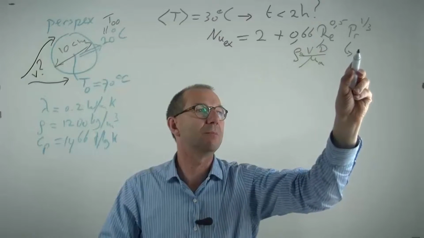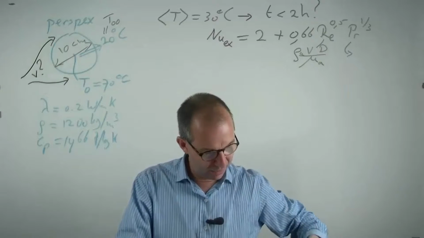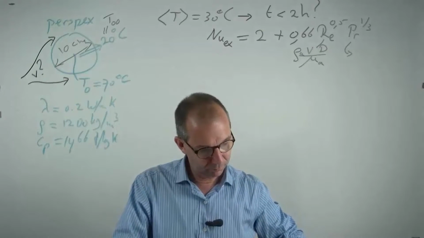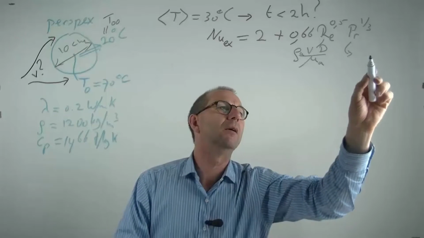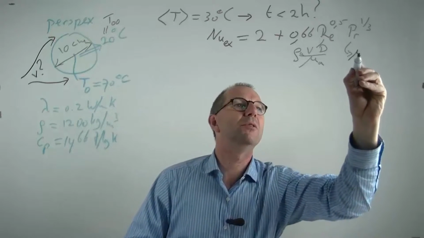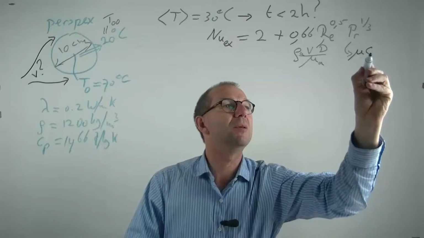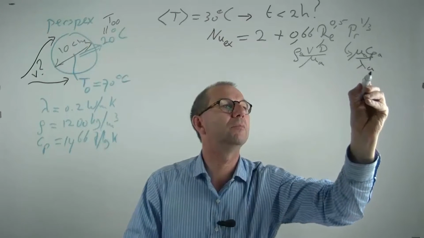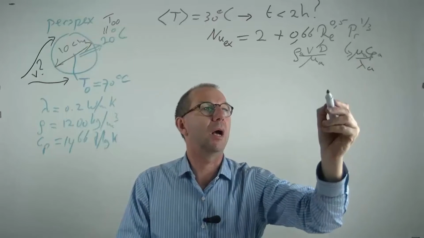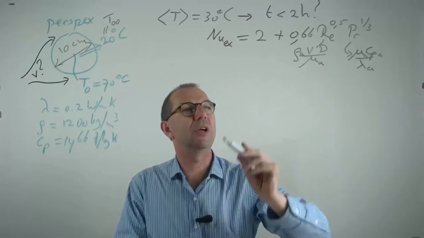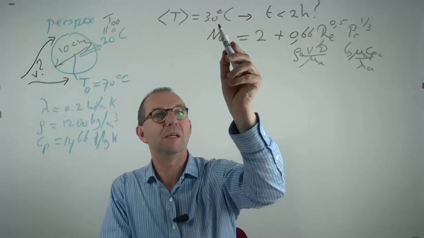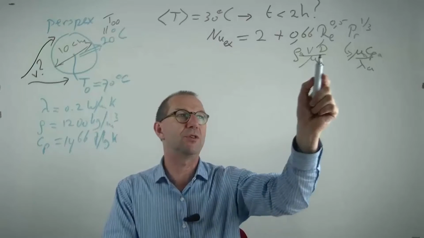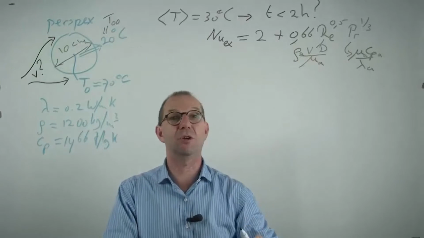Prandtl is, let me take a peek so that I write that down in the correct way, mu Cp over lambda, all of air. This I can look up. This contains the v that I know. Thus, Nusselt is a function of the velocity. I don't know this Nusselt, but I do see that for a given velocity it is a constant.